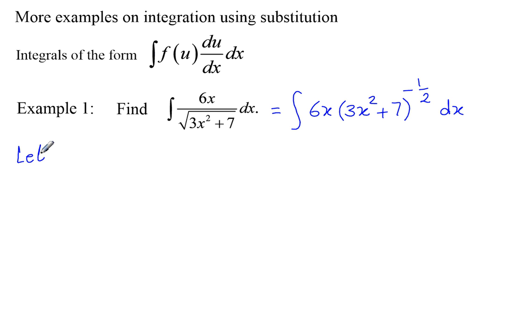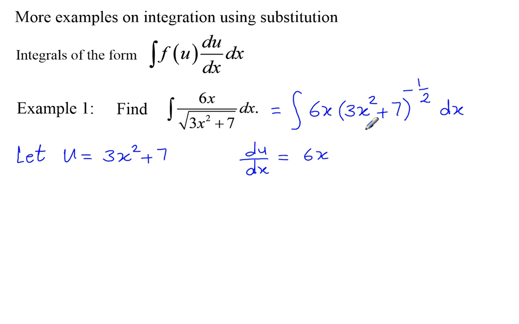I'm going to let u be the expression in the bracket here, so that's 3x squared plus 7, and therefore du by dx will be the derivative of this expression. The derivative of 3x squared is 6x, and the derivative of 7 is 0.